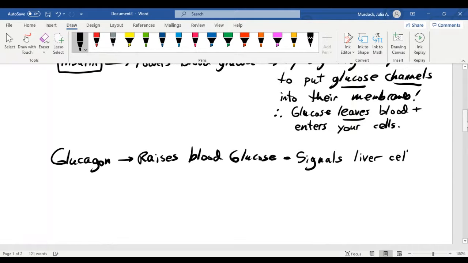Signals liver cells, and you know that liver cells have all that glycogen in storage, right? To release glucose from storage, from stored glycogen.